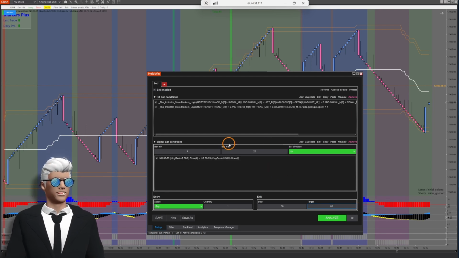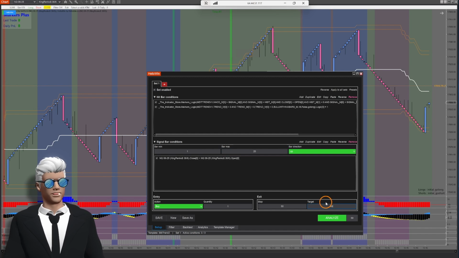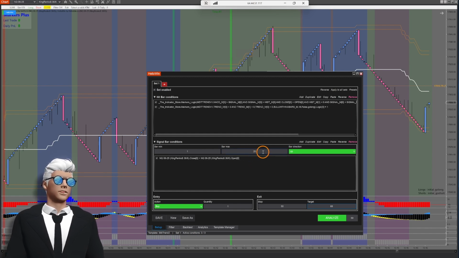69. And then this right here, your bar max, can correspond to basically the length of time it takes to get to this number of ticks. Or you can set it further. So you could say, I don't want to trade again for another 100 bars since the entry. So you could set this to 100 or anything.